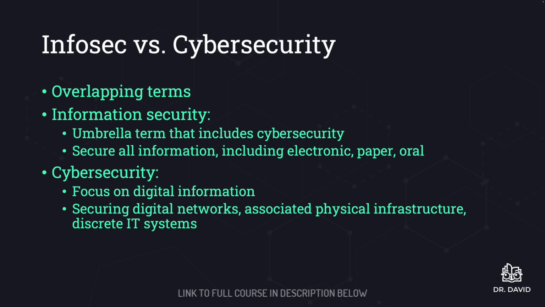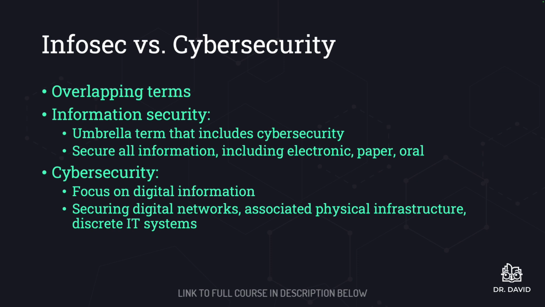Before we do that, I just want to compare and contrast real quick information security, or InfoSec, with cybersecurity. These are overlapping terms, but they mean slightly different things. Information security is an umbrella term that includes cybersecurity, and information security is concerned with the security of all information, including electronic, paper, and oral information.